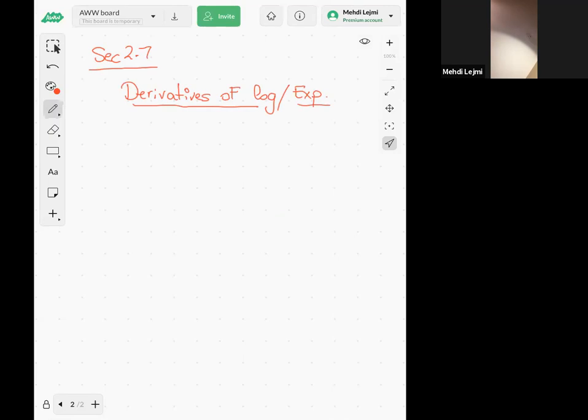So let me just remind you of the rules. For the exponential, we said f of x is e to the x, then f prime of x is just the same. It's exponential of x, right?